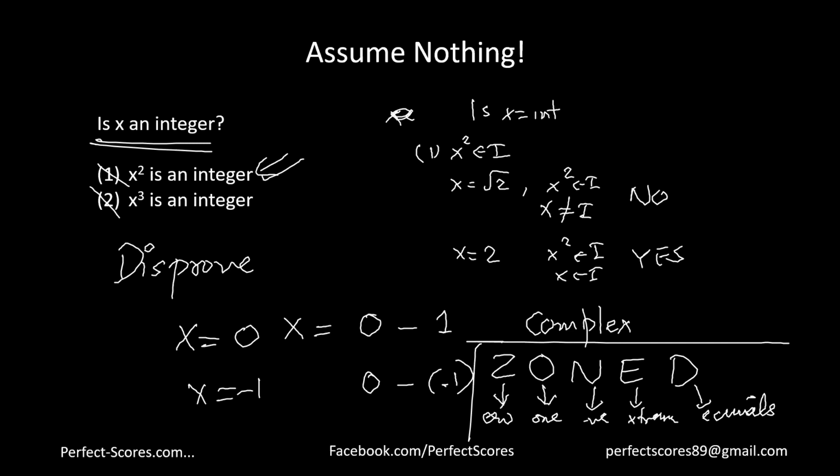So try these different sets of numbers all the time. 0, 1, negative, extreme. When I say extreme, sometimes numbers greater than 10 will work, sometimes numbers less than -10 will work. So if you try all these different types of numbers, then it will work out for you.